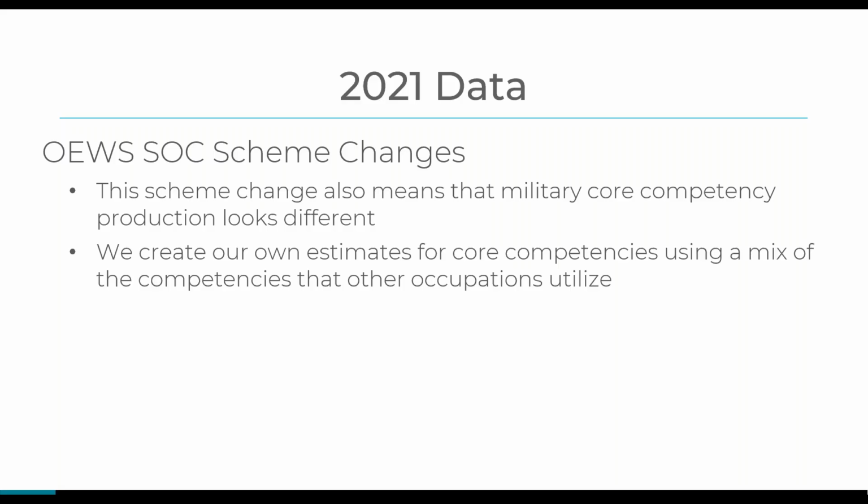So we use sibling industries' occupational distributions. Usually we average them together in order to create new estimations. This substitution methodology that IMPLAN economists came up with did have to change in order to accommodate new codes, new occupations.